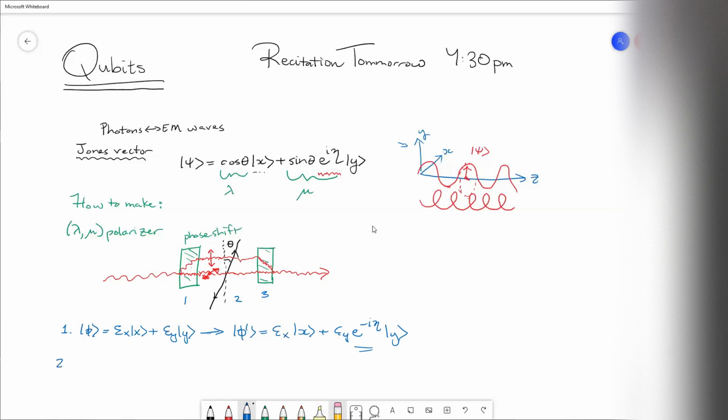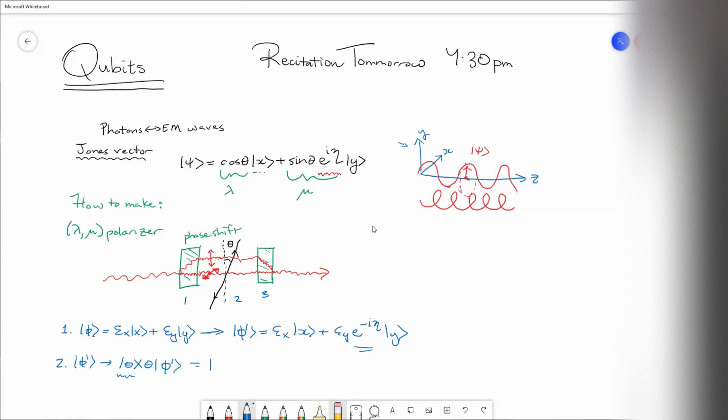Okay, so in step 2, you take your E prime and you just project it onto that polarization direction. And it's the same as we learned about projection operators. You just take the polarization corresponding to the linear polarizer direction, and you dot it into your incoming Jones vector.